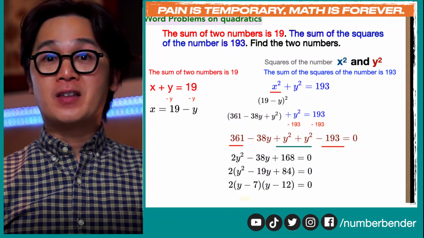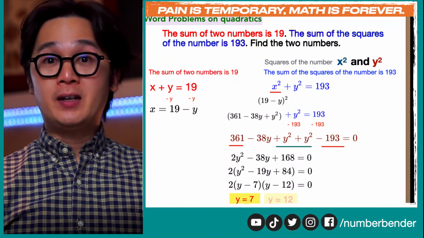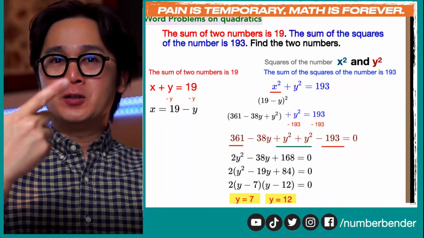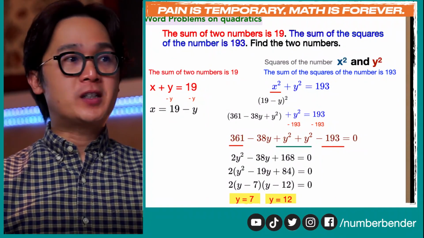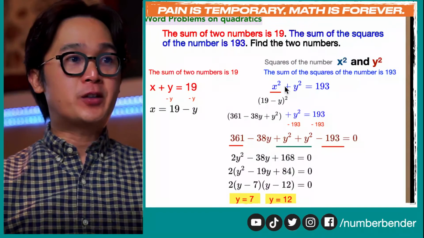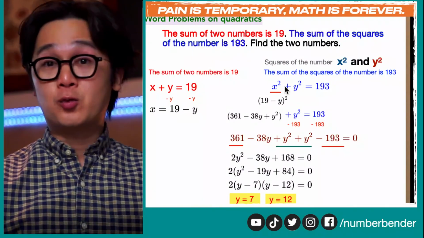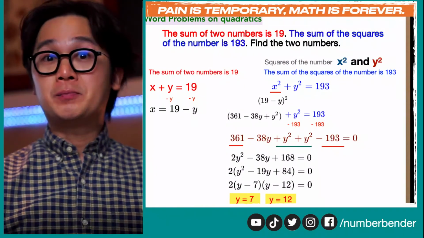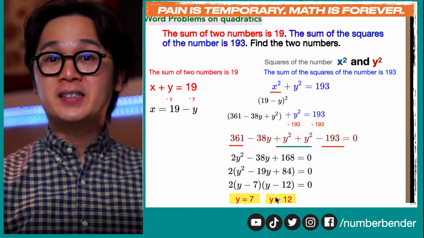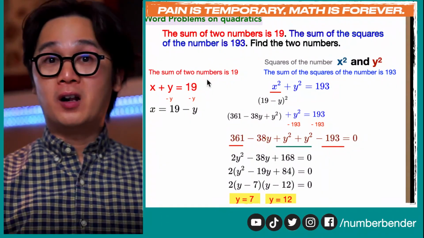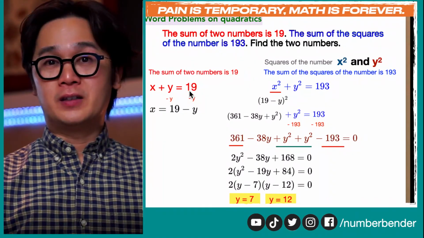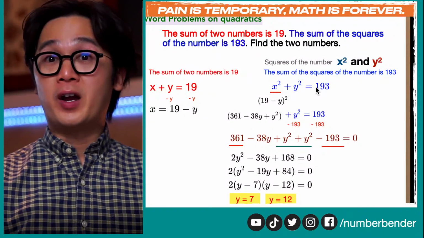So now that we have the two values, y is equal to 7 and y is equal to 12, just like what we did in the previous example, you can plug it into any of these equations so that you can find the second number that we're looking for. It will just be the same values, and switching y and 7, y and 12 will generate the same values, which is 19 and 193.